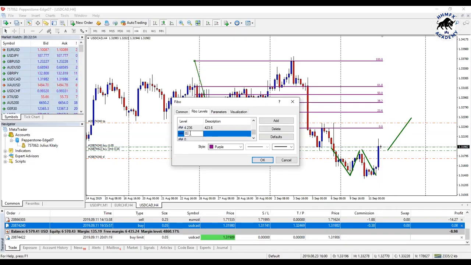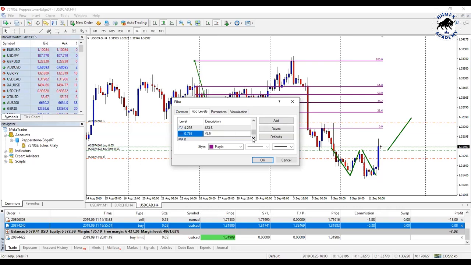We're going to add 78.6 first, but on this left side we write in decimal places, 0.786, and on its right side we write in percentage, 78.6.